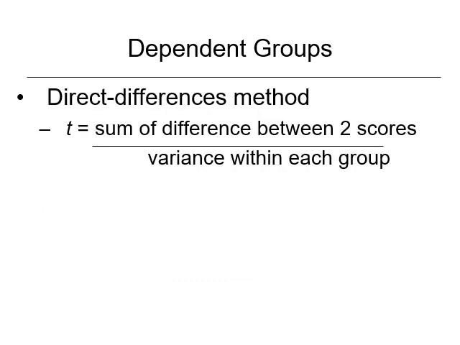So again, theoretically, we're looking at the direct difference method. So basically the top of the equation is the sum of the differences between the two groups. And this is basically the same as mean minus mean, and then the variance within each group. Now again, this is pretty much theoretically the same as the equations that we've been looking at in other tests, but where we're getting these numbers from is slightly different.